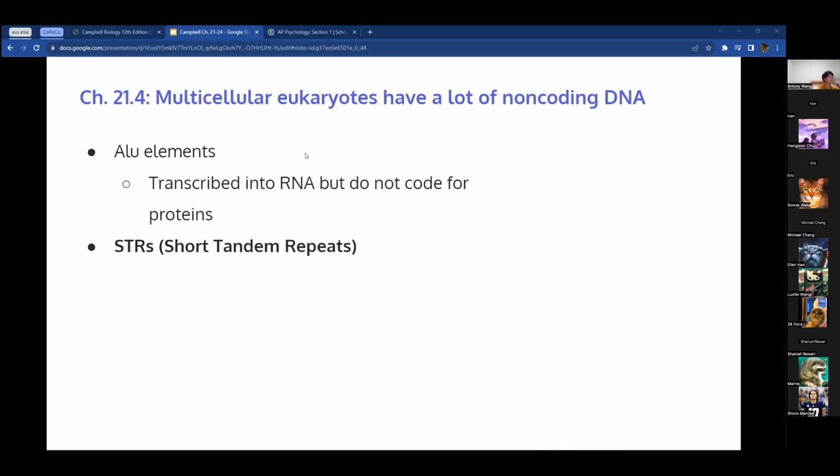Next, Alu elements. They're transcribed into RNA but don't code for proteins. Short tandem repeats. One important thing about short tandem repeats is they're used in forensics, sorry, I forgot what it's called.